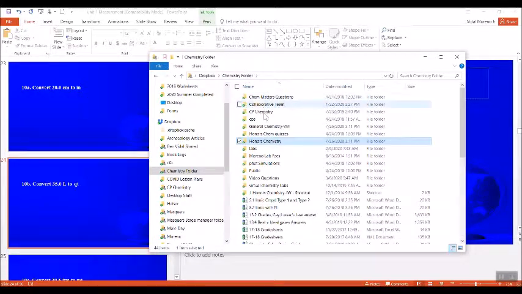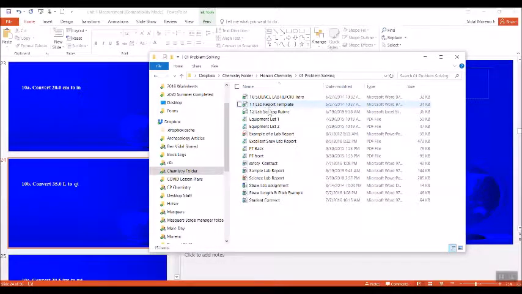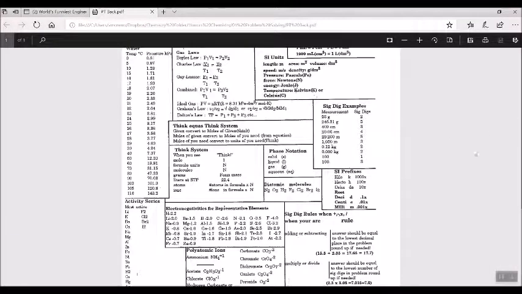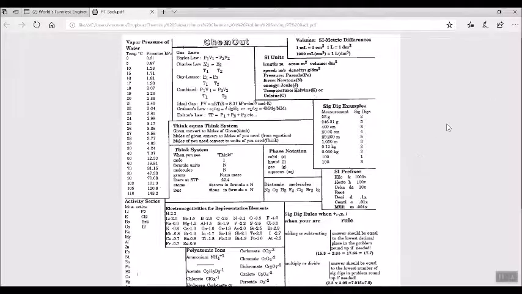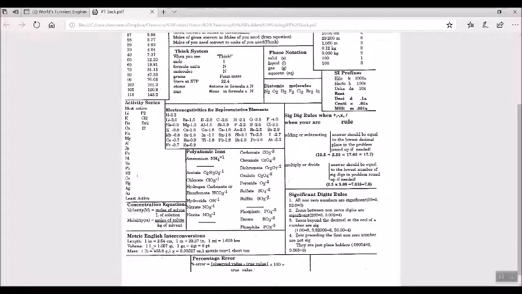It's not there. Let's see. Honors chemistry. I think it's somewhere in here. Periodic table back. Ah, there it is. 1 liter is equal to 1.057.